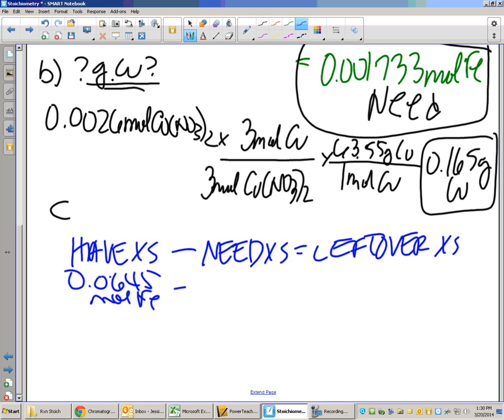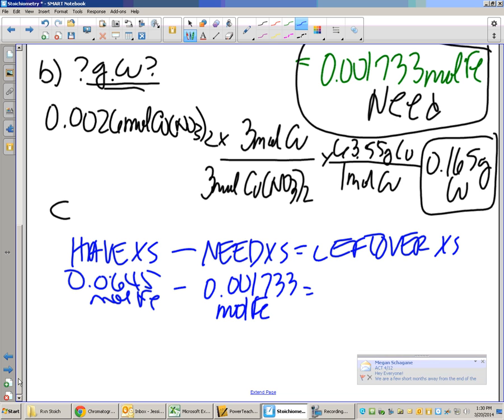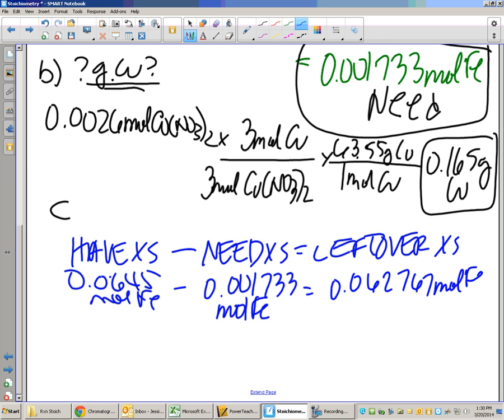See, if you label it, it's really helpful because when you're going back and looking for these numbers, wherever you see a big have, you look for that. Wherever you have a big need, you look for that. So minus 0.001733 moles that you needed. So 0.645 minus 0.001733 is 0.062767 moles.